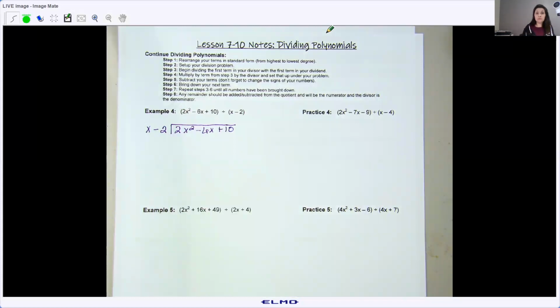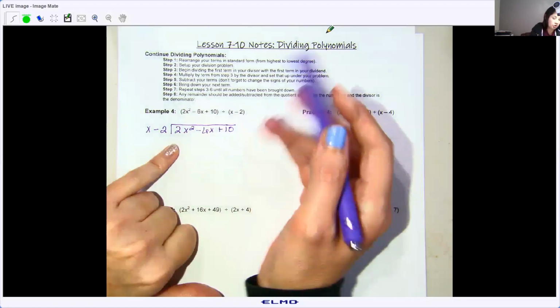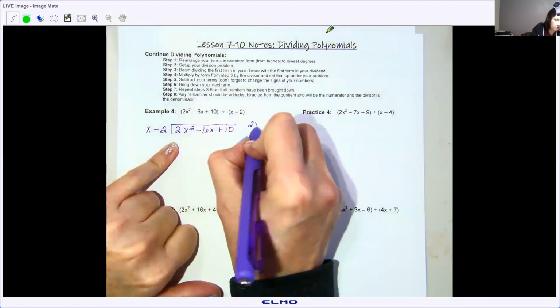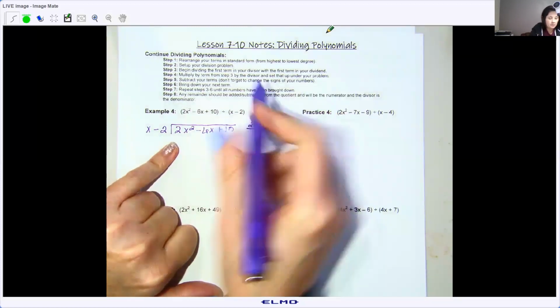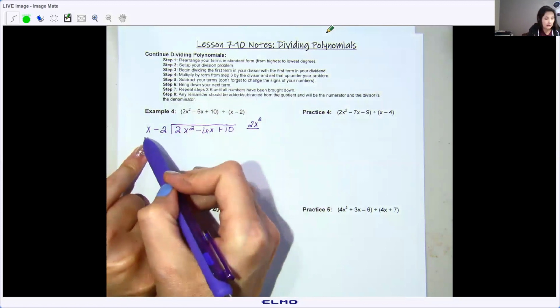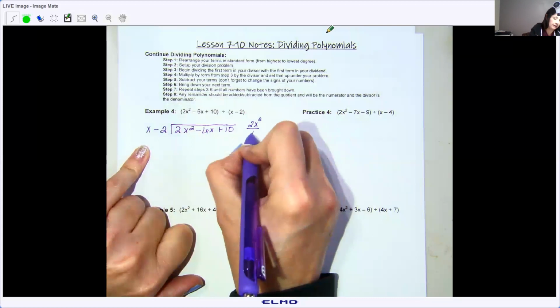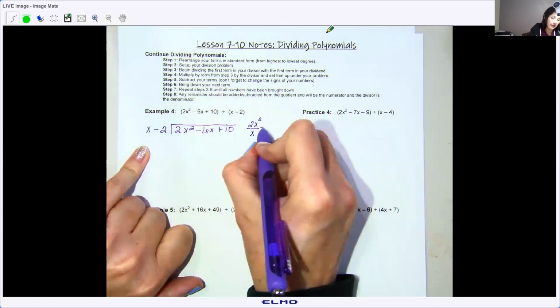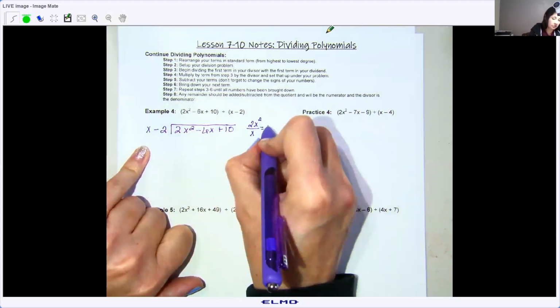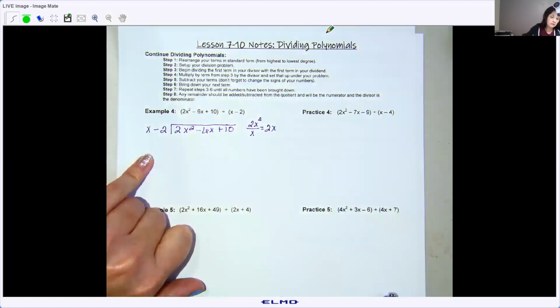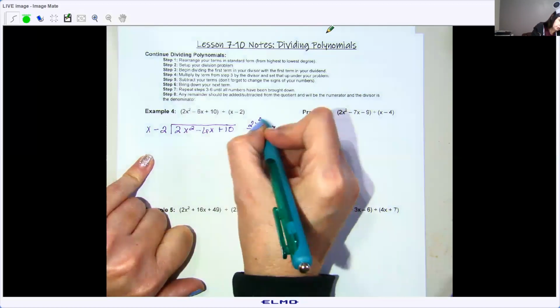First step is to divide. Now, when we divide, we are going to take 2x squared and divide it by the first term in our divisor, which is x. So I'm going to divide this by x. And when I do that, I get 2x because this cancels out right here, and we're left with just 1x there.